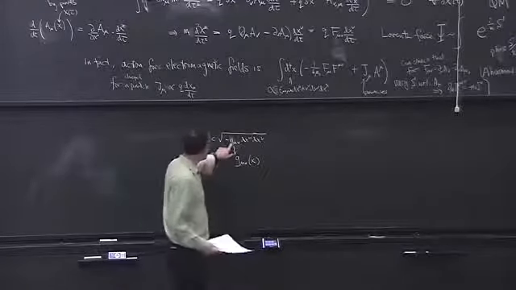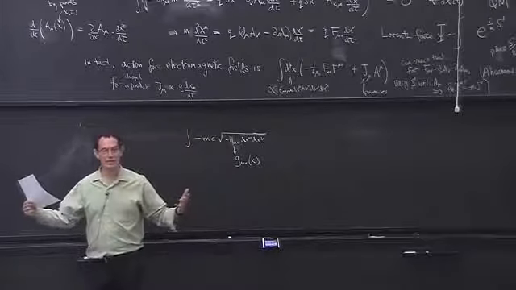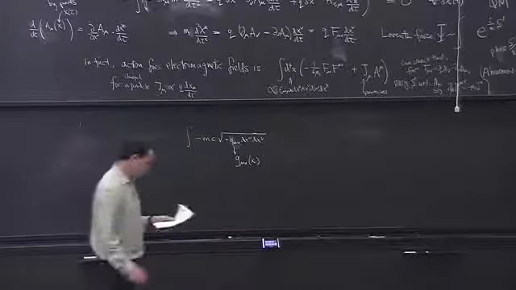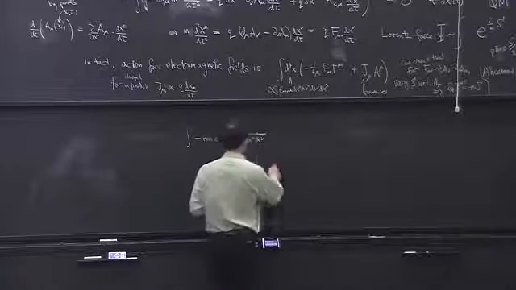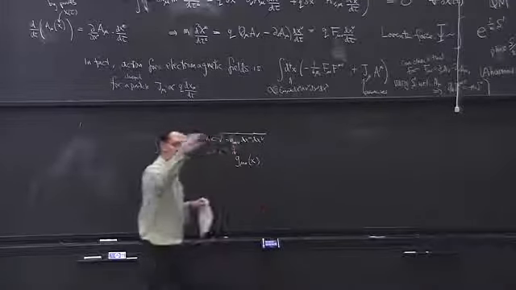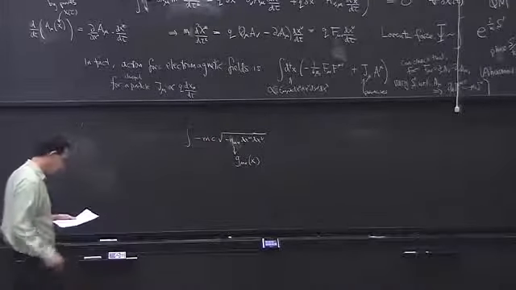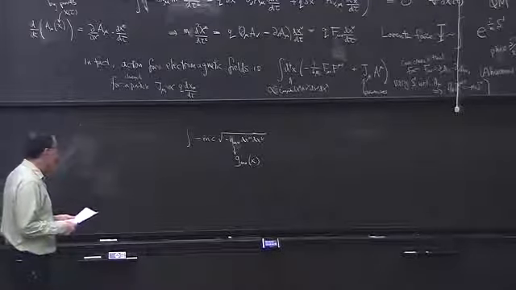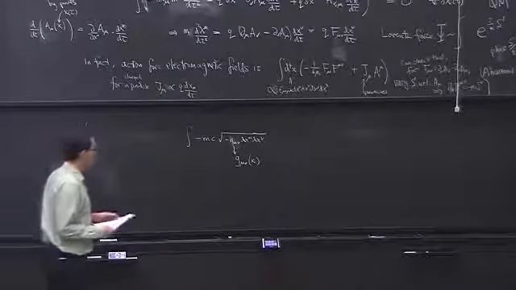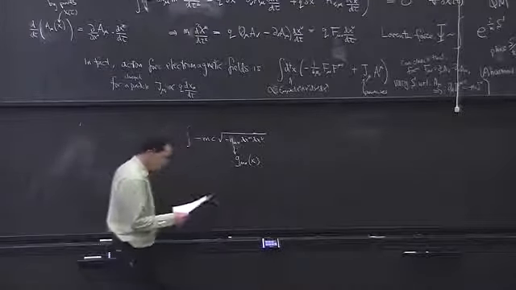You make eta mu nu depend on x. This g mu nu is the thing you use to measure lengths in space-time, and gravity is the field theory for g mu nu.